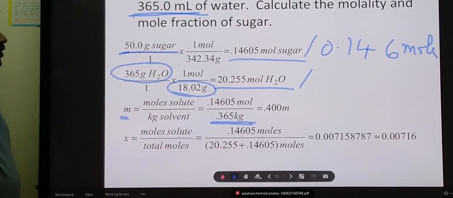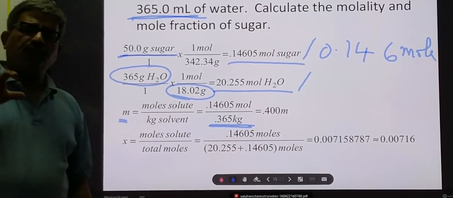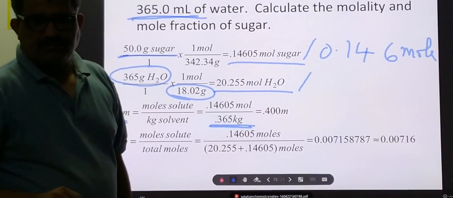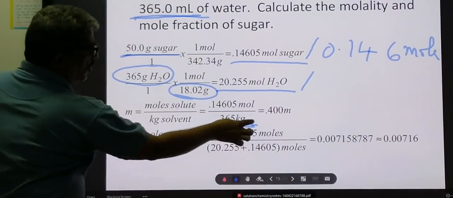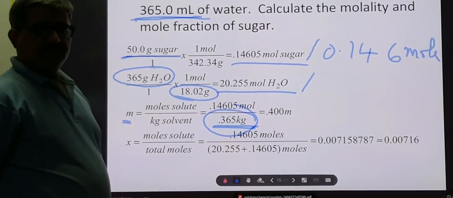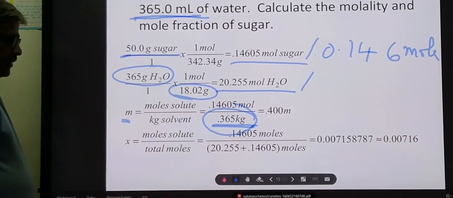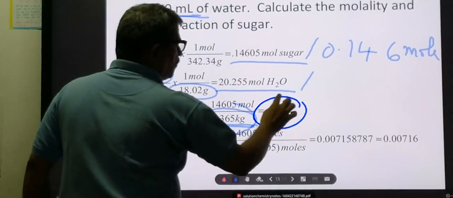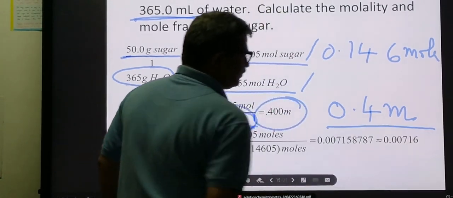Why is it so? We are presuming the density of water as 1 gram per cc. Because of that, the same ml we have taken in the form of grams. So it has become 0.365 kg. Alright, then it is 0.4, the molality.